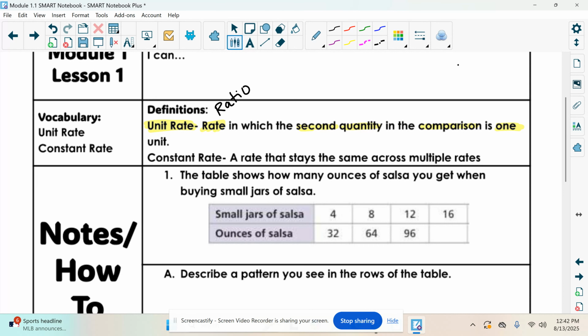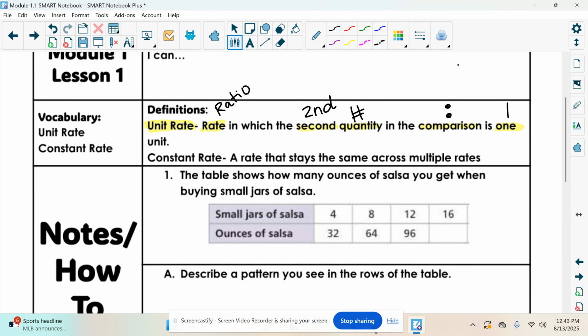So in a ratio, the second quantity means number, so the second number in the comparison, another word for ratio, okay, isn't that how we represent a ratio with the 2 dots, with the colon, is 1. So what that chops up to mean is when you have a ratio and the second number is a 1, then it is a unit rate.